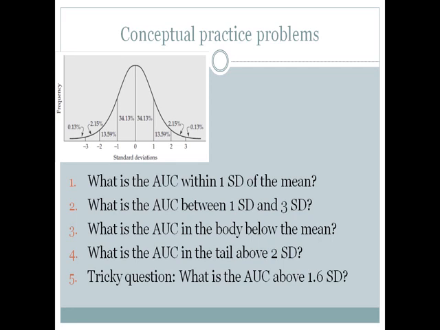And the answer is that there is a table in the back of our book. It's table B1 is the label that it's given, in which we find other values besides just 0, 1, 2, and 3 for z-scores. 1.6 is included, as well as 1.43, 1.22. Any example with 2 decimal places you can find in the back of the book. We'll go through these examples in a minute.